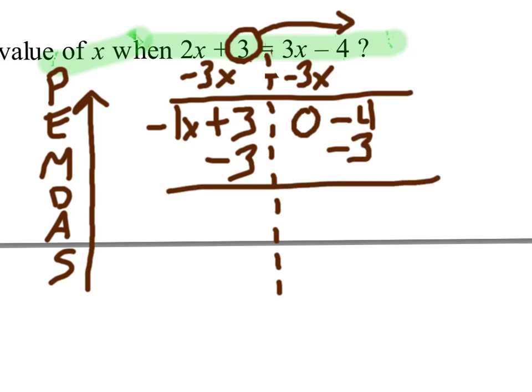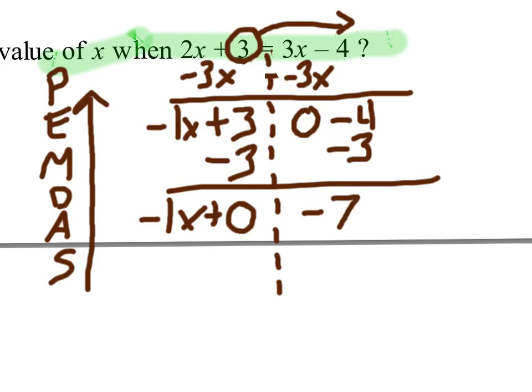On the left side, I have 3 minus 3, which equals 0, but I still have the negative 1x. On the right side, I have 0 minus 4 minus 3, which gives me a total of negative 7.